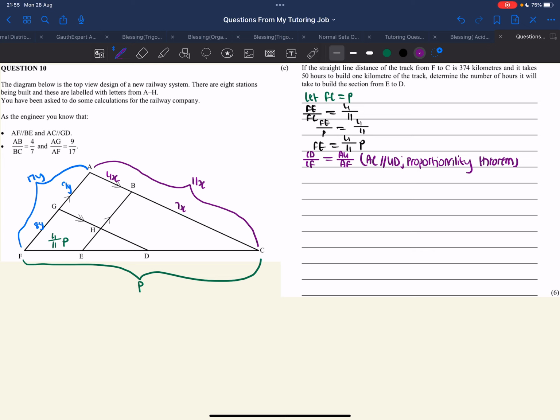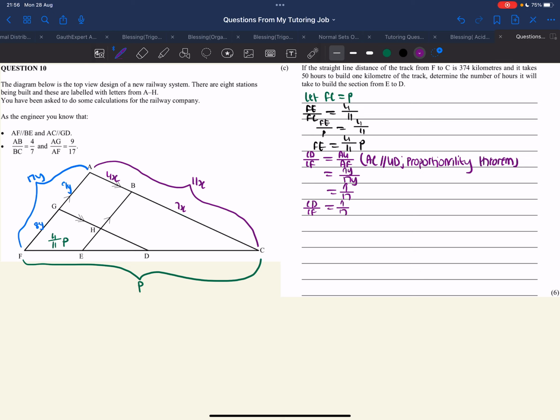Now AG, we know that AG is 9y, and AF, we know that it's 17y, right? We're going to say basically that ratio will be 9 over 17. So we have CD over CF being equal to 9 over 17.